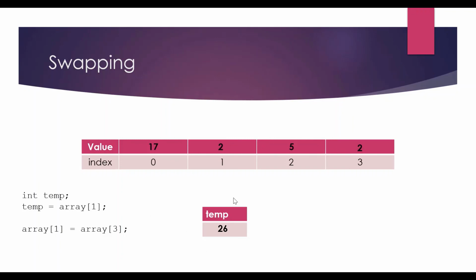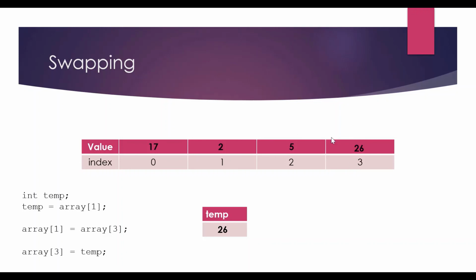So if we did not copy the value 26, we actually lost the value 26. And that's why we needed to copy the value 26 to the temporary value. Now, since we have this copy, we will now want to place it in location 3. So array at location 3 will now equal the value at temp, which is the value 26. So we'll move the value 26 and place it at location 3.